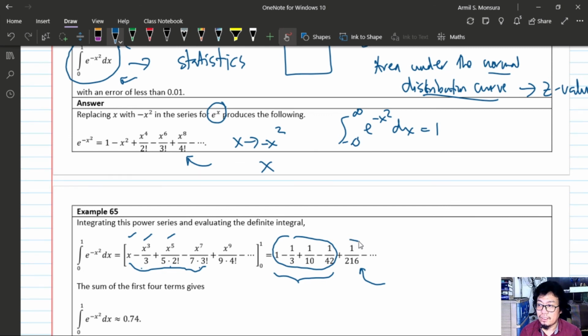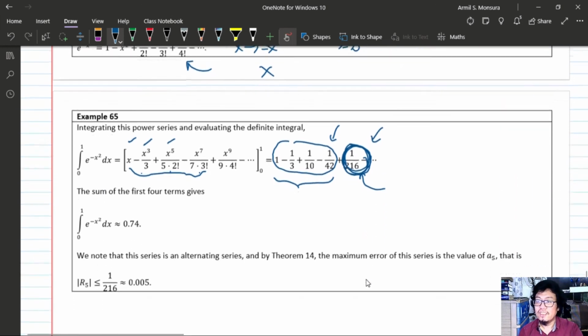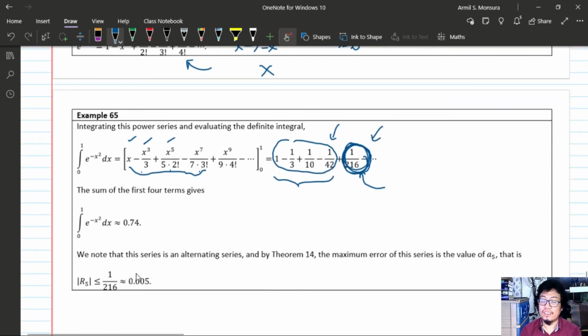The immediate term after the last term that is used to approximate this is actually the error. So your approximate error is 0.005. Let us test if your calculator can actually evaluate this already.